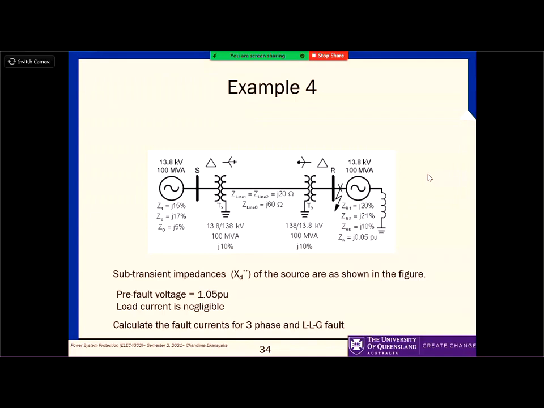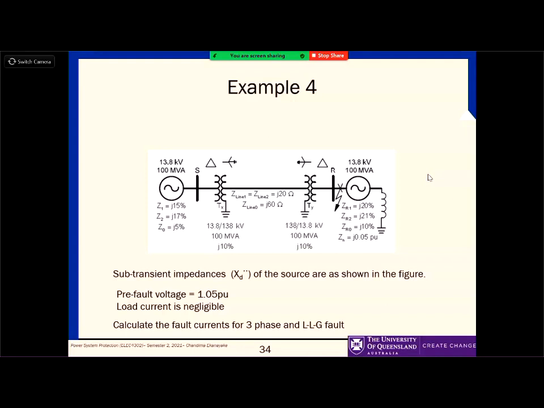And then another example, the same as before. What is sub-transient impedance? Can you remember that in the first one that I mentioned about the generators? When the generator is under fault, you will have 3 zones: one is called subtransient, the other one is transient, the other one is steady state.